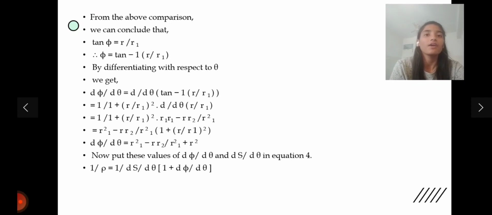From the above comparison, we can conclude that tan phi is equal to r divided by r1, so phi is equal to tan inverse of r by r1.